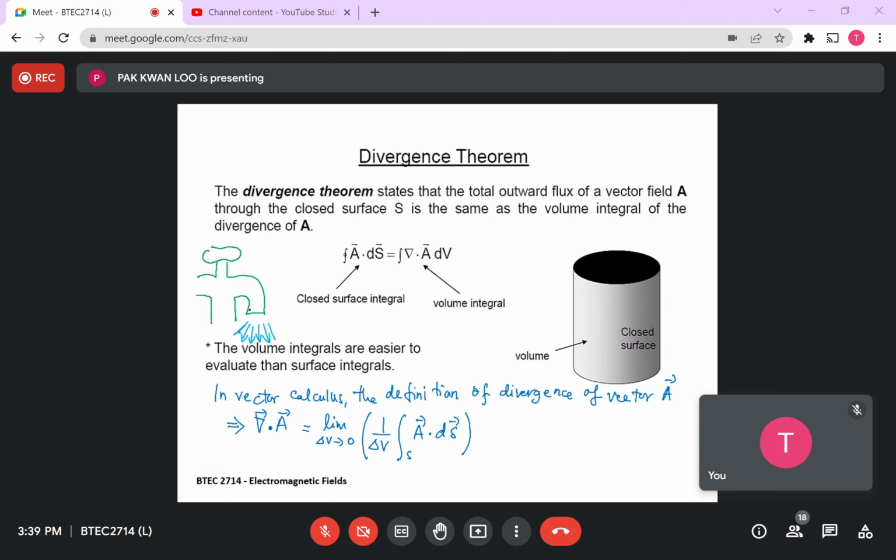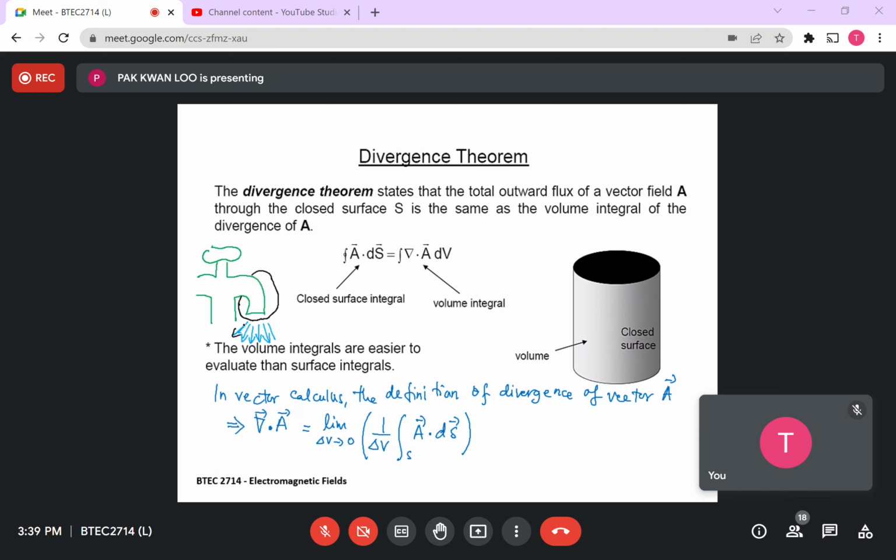So what we do is try to filter as much as possible. We have some kind of cloth here. Assuming that this cloth is a closed surface, if it's coming out from this cloth, then we have a divergence.